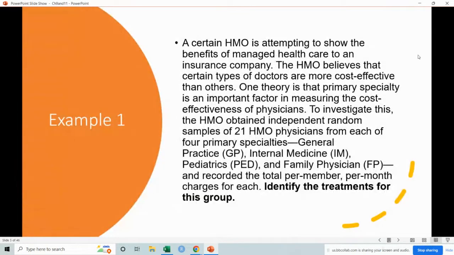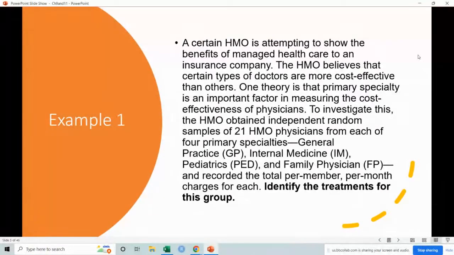Okay, so let's do a quick example of identifying treatments. A certain HMO is attempting to show the benefits of managed healthcare to an insurance company. The HMO believes that certain types of doctors are more cost-effective than others. One theory is that primary specialty is an important factor in measuring the cost effectiveness of physicians.